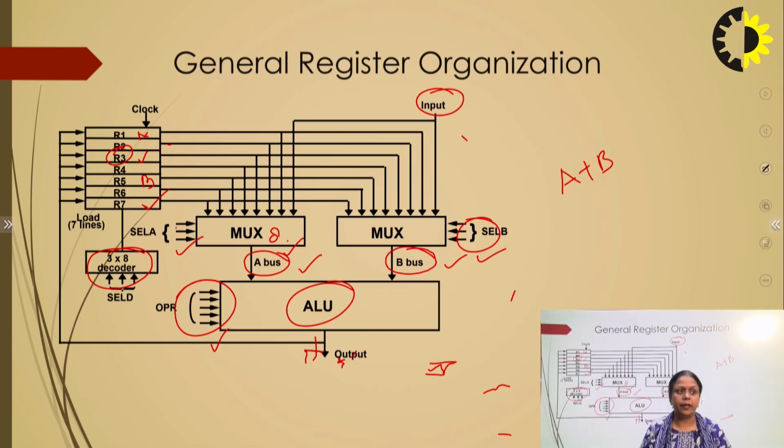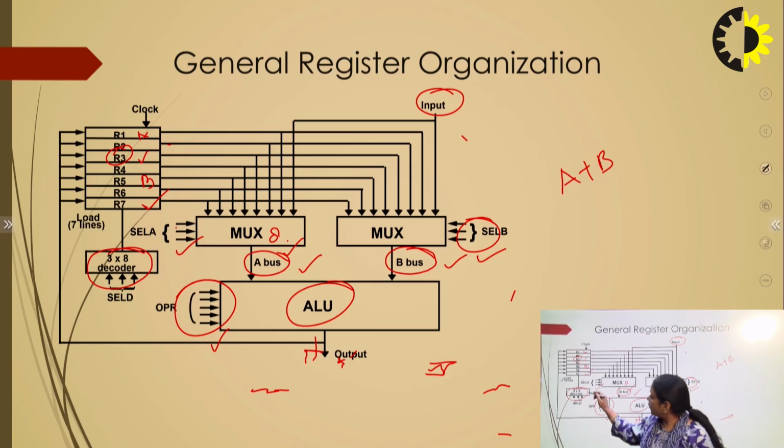Only R3 will take the input. So, we have the 3:8 decoder here. What is the role of the decoder here? The decoder will always give one output as 1 and the other outputs will be 0.